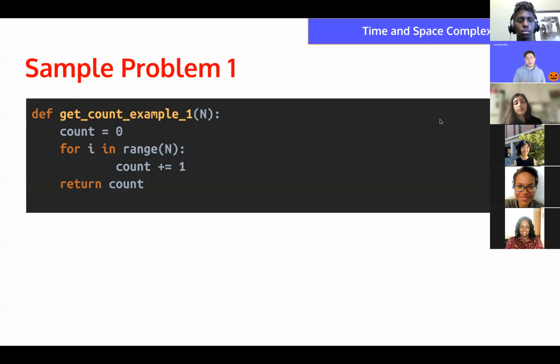So once again, to get back to the sample problem, what this code is doing is basically counting how many elements are in the array. I would like to ask everyone, can anyone tell us what the runtime of this will be?